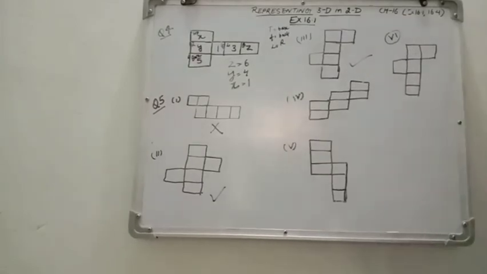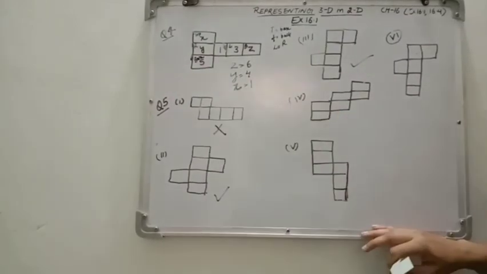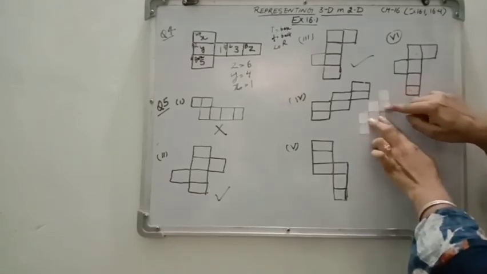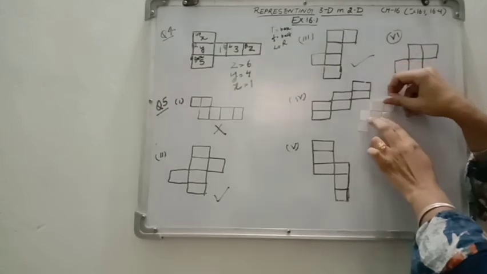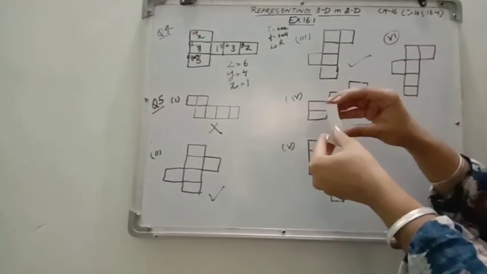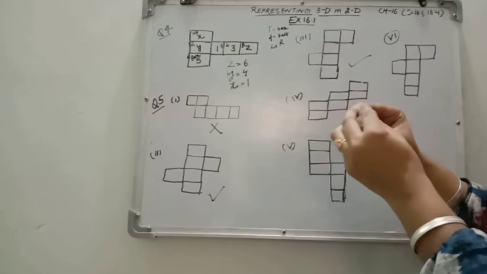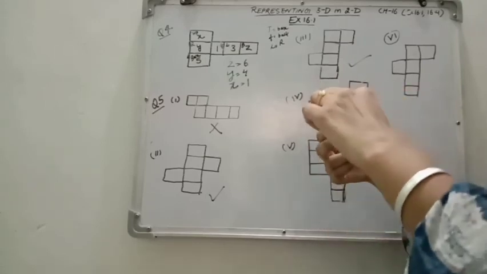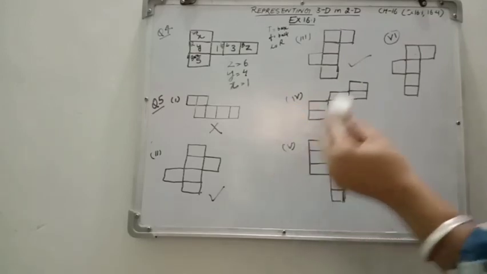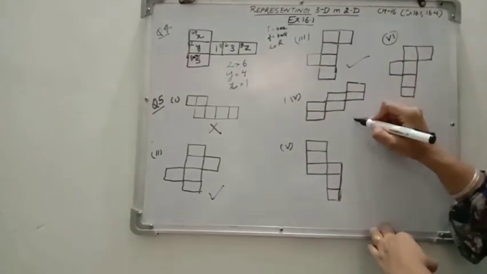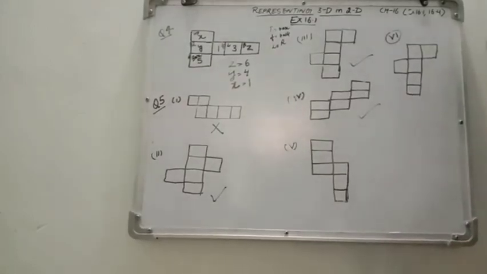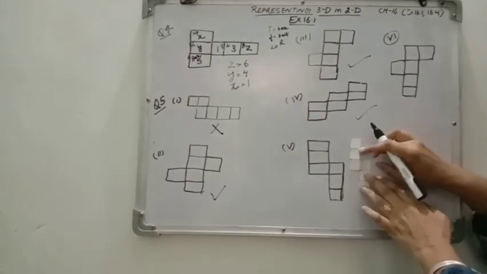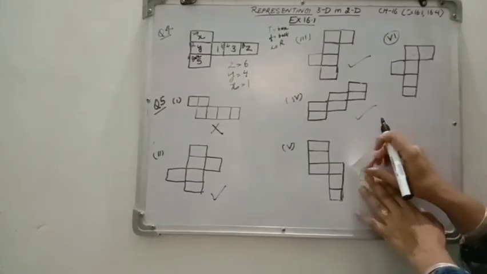Now see the fourth. This type of net is given to you. Fold it. So you can see it becomes a cube. So also yes. So in the fifth question, see this type of net is given to you.